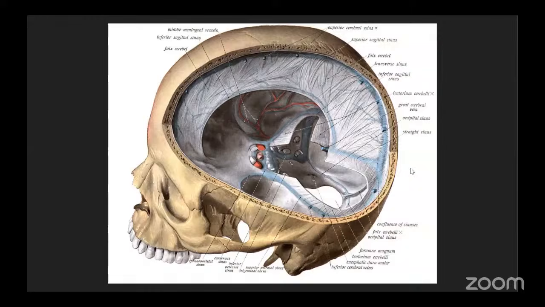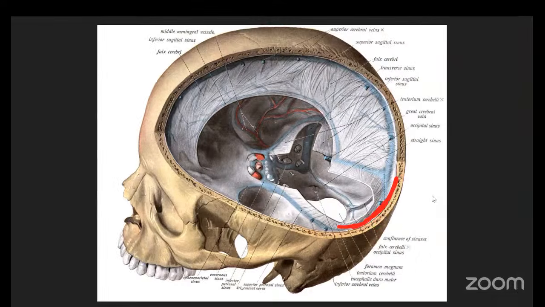Does this image look familiar? You can see the falx cerebri, and you can see the tentorium cerebelli here, which has been cut. You can also see the posterior fossa here, and you can see the attachments. Let me draw along that line of attachments. So this is the posterior attachment where it is enclosing the transverse sinus.